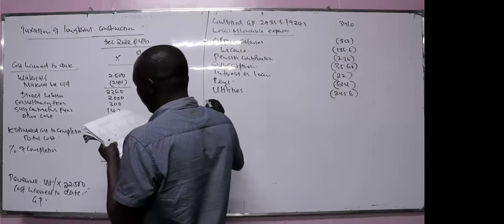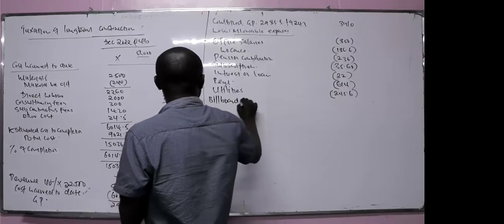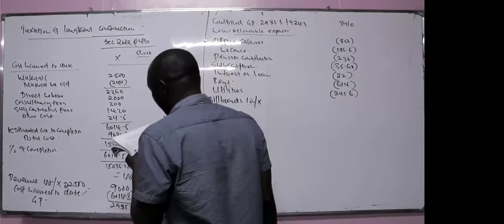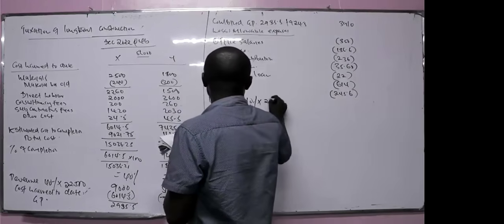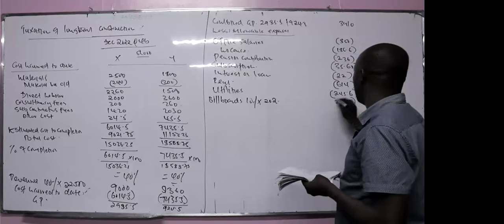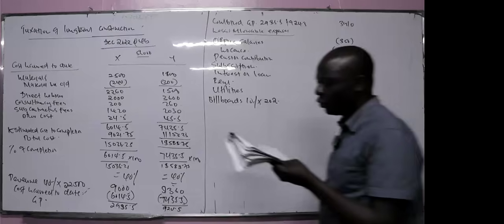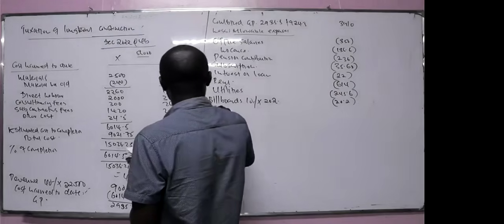So we have billboards. Billboards, it is 10%. 10% of, is it 202? 20.2. Then another one is computer and software, isn't it?